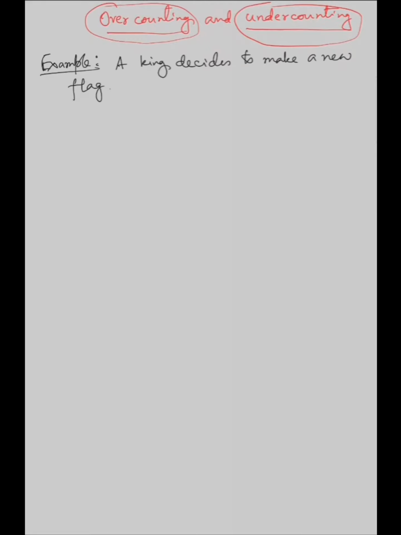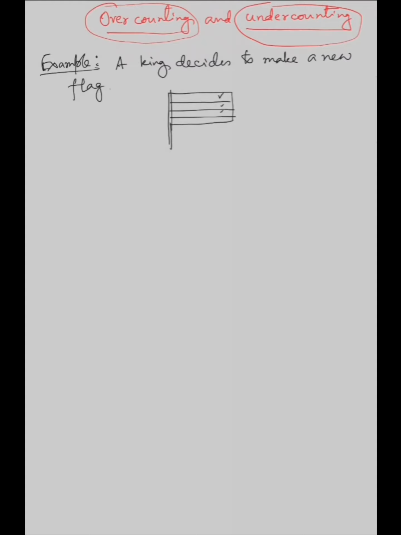Now we take an example: a king decides to make a new flag for his nation. Suppose this is the design of his new flag, and there are four bands there.